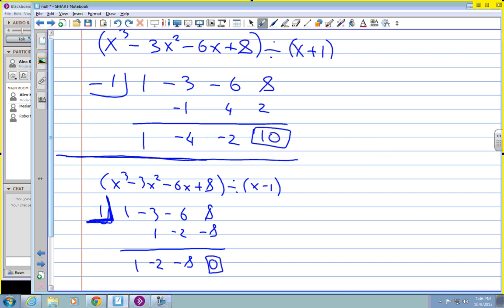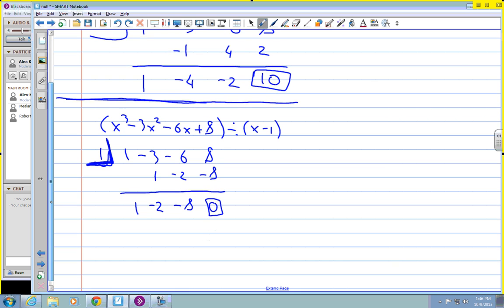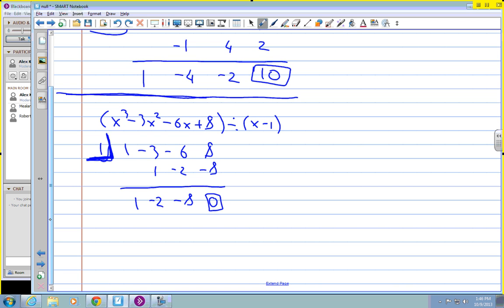Good? Did you get 10 and 0? So what does that tell you? Let's talk about this last example when we got 0. Remainder is 0, so that means x cubed minus 3x squared minus 6x plus 8 is written as the divisor, which is x minus 1, times the quotient, which in this case is x squared minus 2x minus 8.